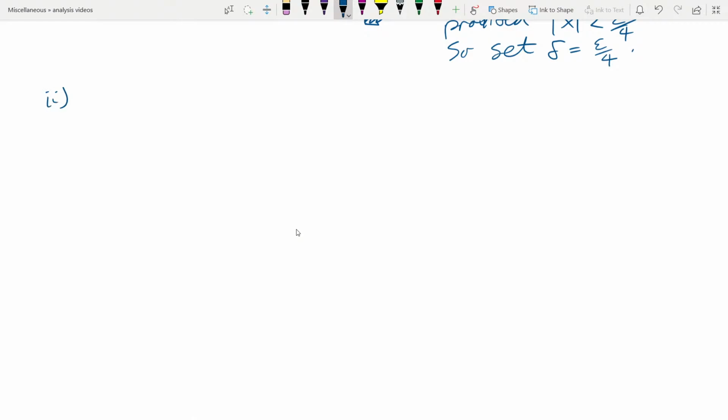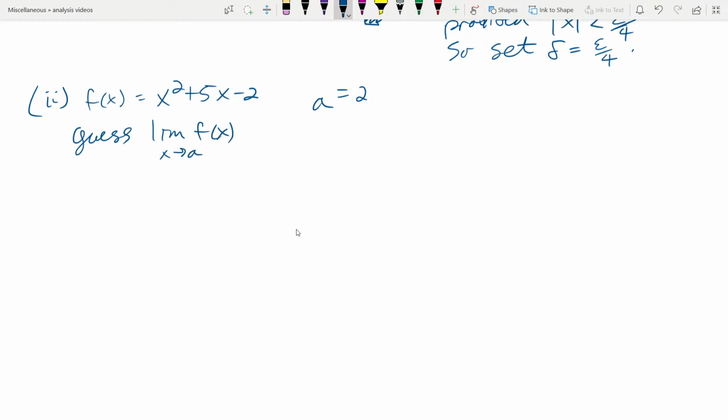So let's look at part 2. f of x equals x squared plus 5x minus 2, and the a value is 2. So our guess is that the limit of f of x as x approaches a should be 2 squared plus 5 times 2 minus 2. So 4 plus 10 minus 2, which is 12.